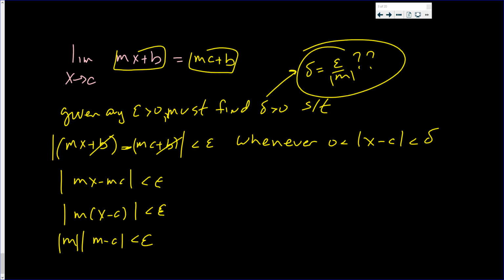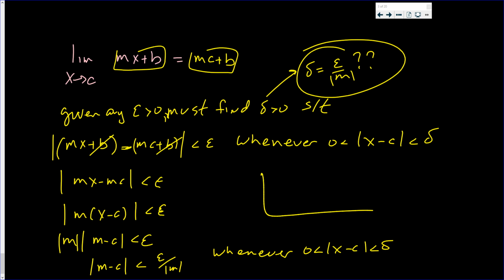And then it all comes together. |x minus c| is less than epsilon over the absolute value of m. And this must be true whenever this is true.